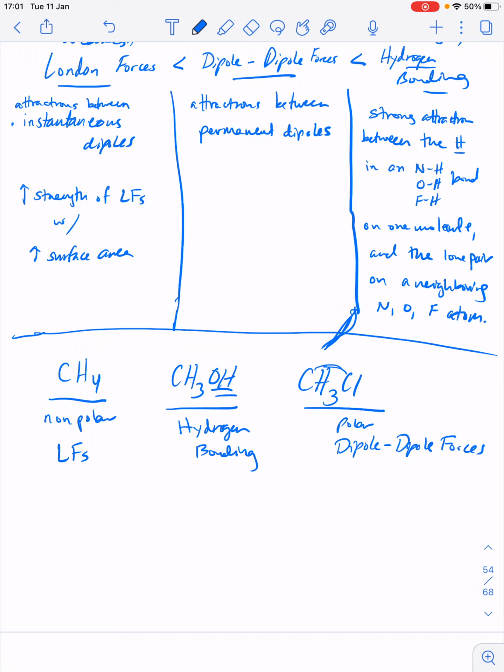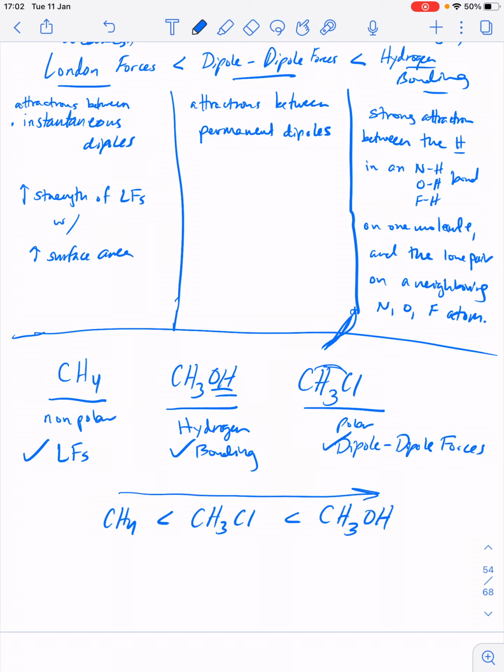So you'd get a mark or two for correctly naming the types of IMFs in these molecules, and then ranking them. Boiling point goes along with increasing IMF strength. So this is the direction of increasing boiling points.